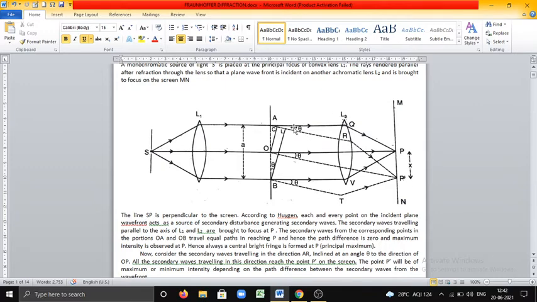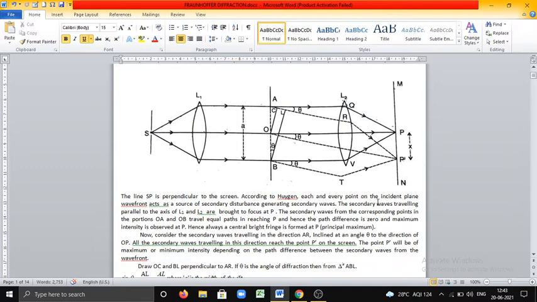See here in this diagram, these rays are traveling in the direction AR, which makes an angle theta with the direction of OP. All the secondary waves traveling in this direction reach the point P dash on the screen. We can see in this diagram the rays traveling at an angle theta, after refraction through the lens, meet at P dash.